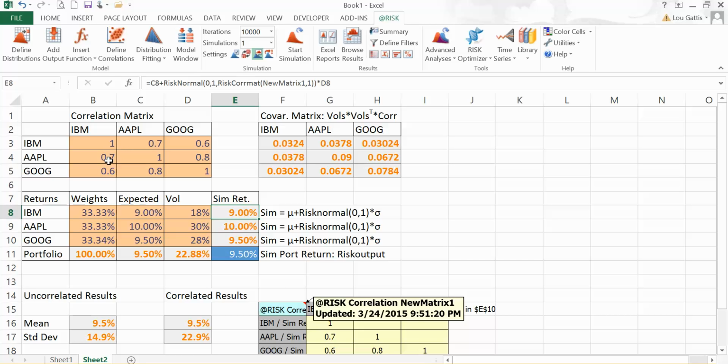So it's going to be more likely to generate a higher one for Apple. It's not going to be independent. And then when it does Google, it's going to see what the random variables were for IBM and Apple, and then also generate one that's more likely to be high since the correlations are high. So that's the difference between generating 3 independent variables and 3 correlated variables. Then it'll just do it 5,000 times.